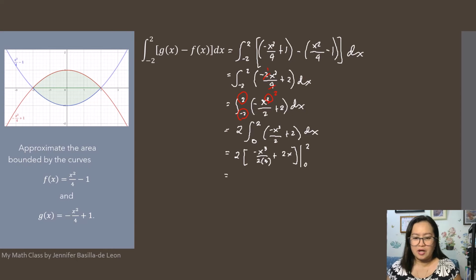Then we apply distributive property. So the first term will just be equal to negative x cubed over 3. The second term would be 4x evaluated from 0 to 2. And then we evaluate the function at x equals 2.